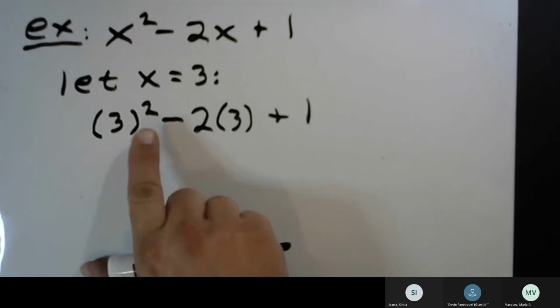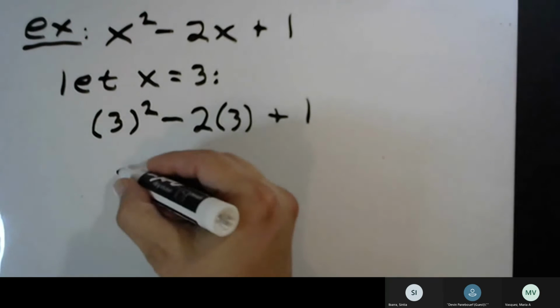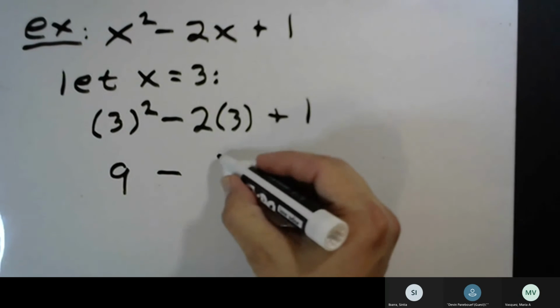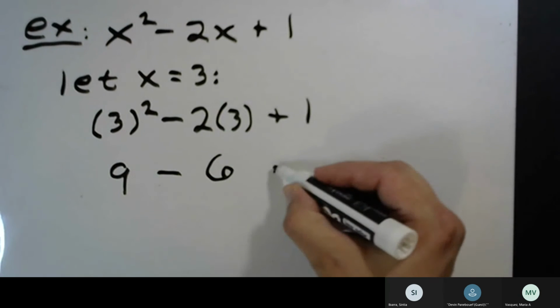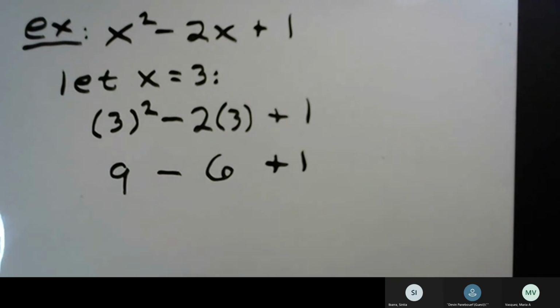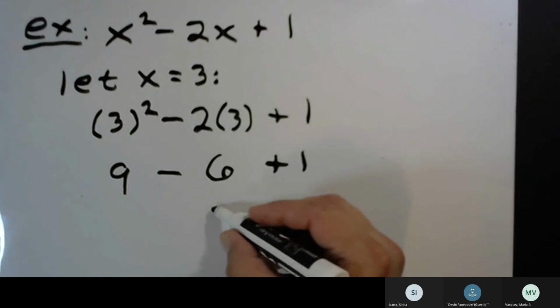So that means instead of having x squared, we have 3 squared, which is 9. 2 times 3, which is 6, plus 1. And then we do our PEMDAS, left to right with subtraction and addition. 9 minus 3 is going to be 6.